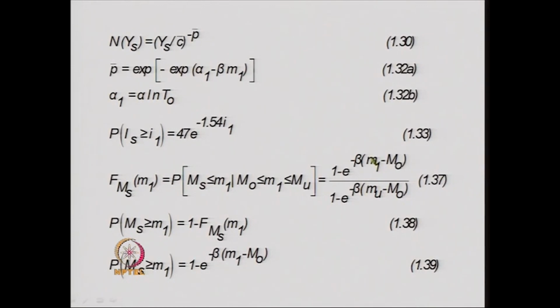So this is m1, and mu refers to the maximum magnitude of earthquake, and m0 is the minimum magnitude of earthquake that you consider for the analysis.